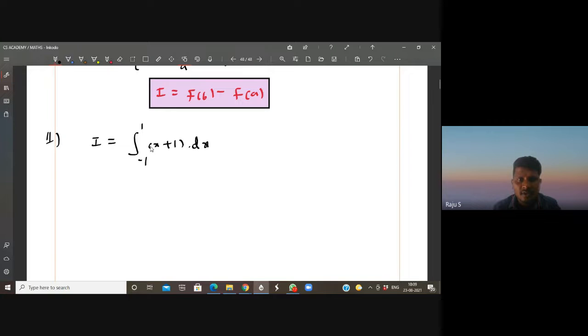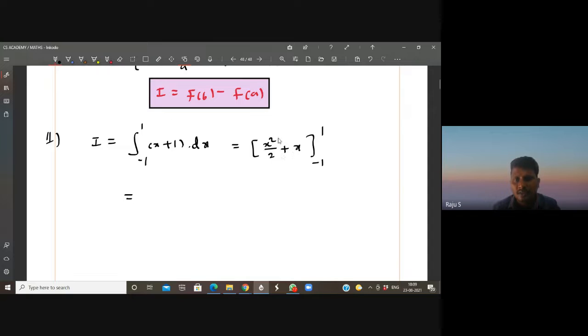First we have to evaluate the integral of x plus 1. What is the integral of x, students? The integral of x is x square by 2, the integral of 1 is x, from minus 1 to 1.